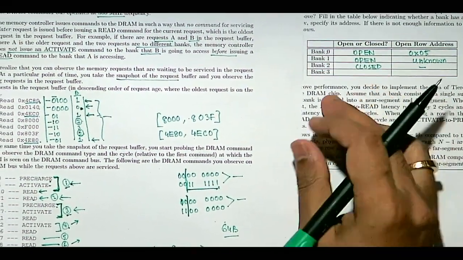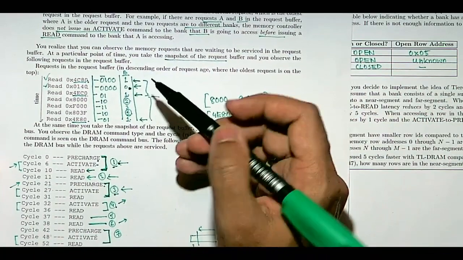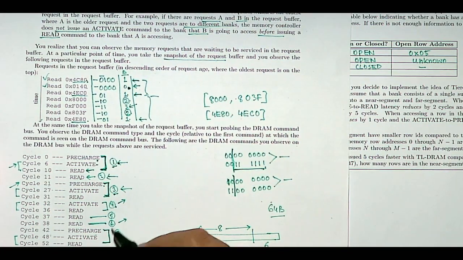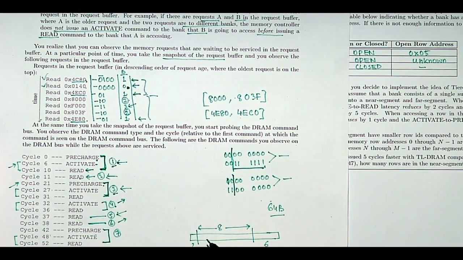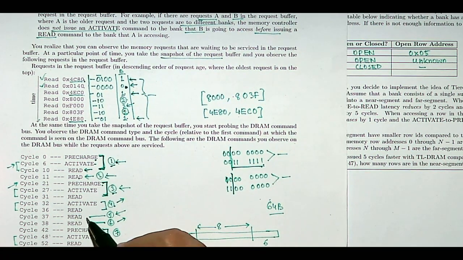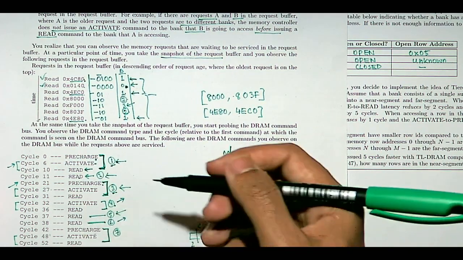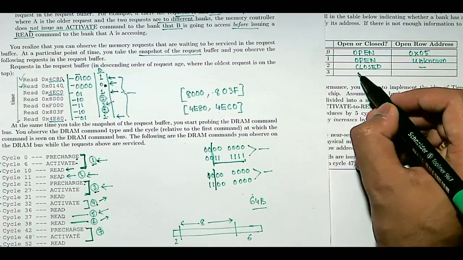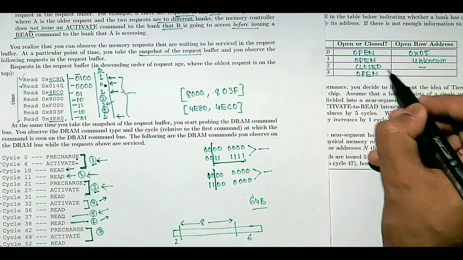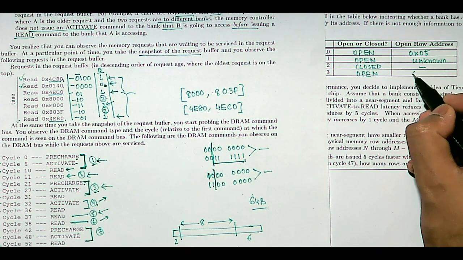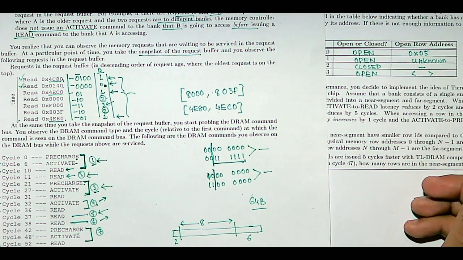Okay, fine. Now let's go to bank 3. The only access to bank 3 is the third last. So this is actually just a read command. That means whatever you are accessing, it's hitting the row. You know how to, then this is definitely open, and using the same tactics, we can get the address of the open row. Make sense?